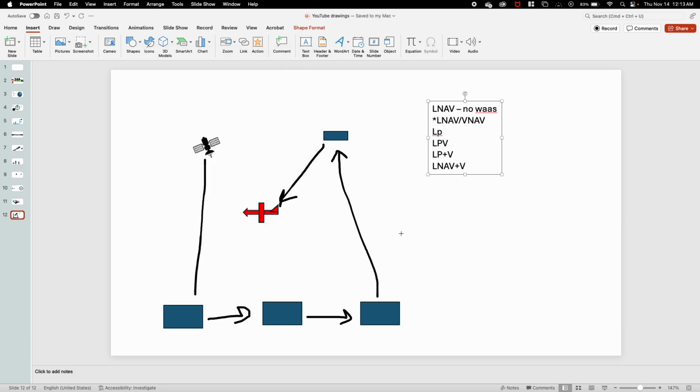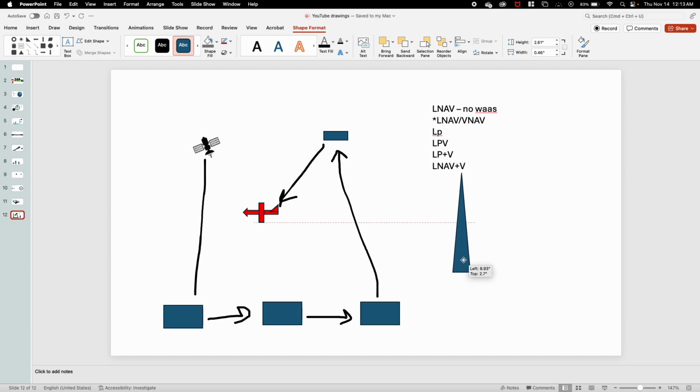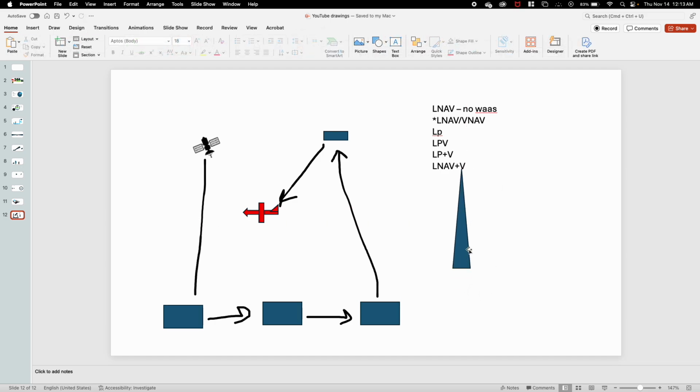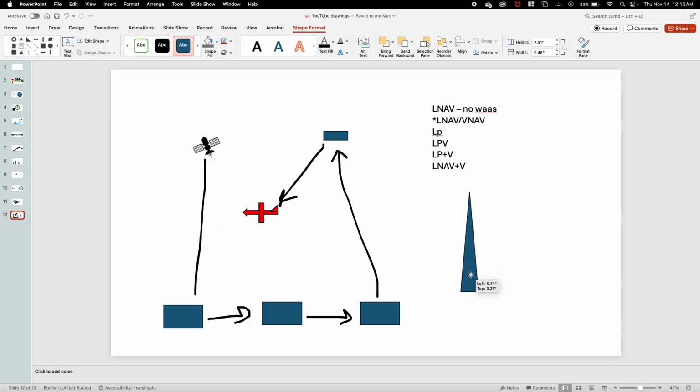So, assuming the runway is right there on the tip of the V, the closer you get to it, the more sensitive it gets. It scales down just like a localizer does, but it does not use a localizer. LPV is just that. It requires WAAS, gets more sensitive, but it has vertical guidance, approved vertical guidance. So you have a DA with LPV. That also scales down.